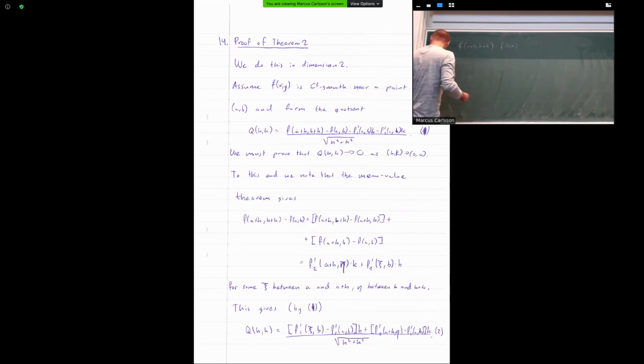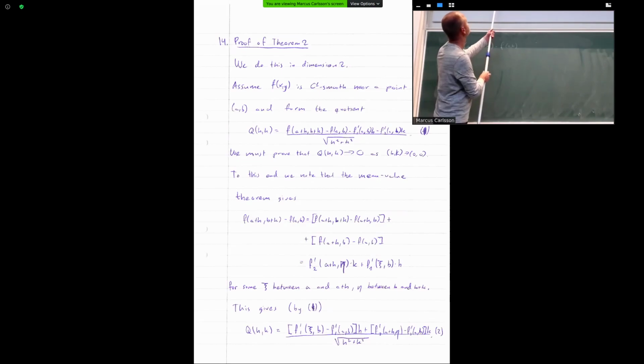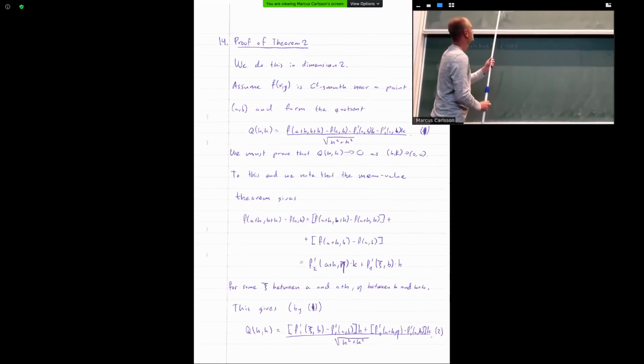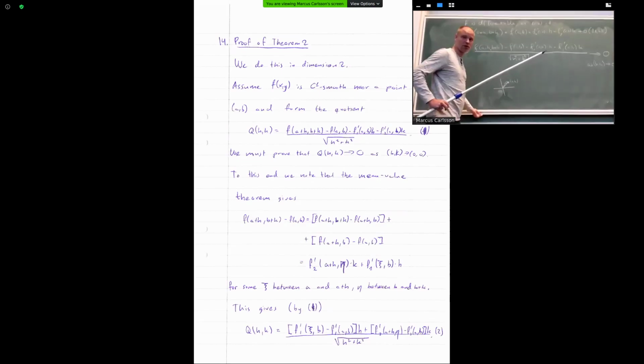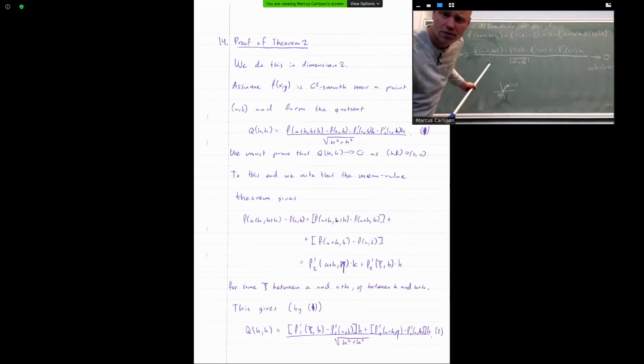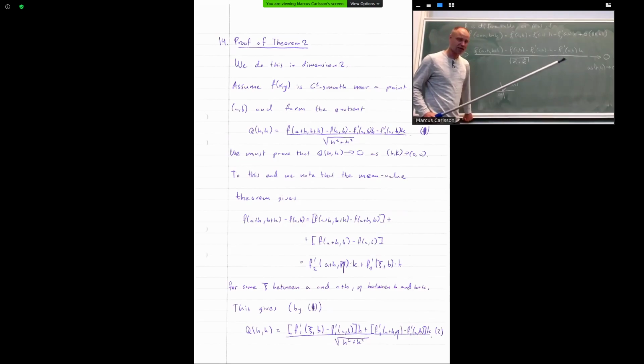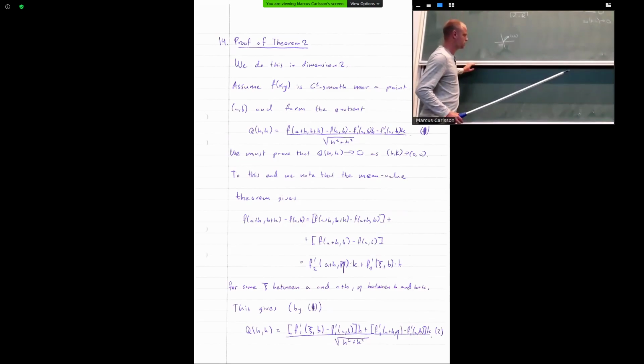If we can control these two, then we're in business, because at the end of the day, what we want is to deal with this long expression here. But these two are just the partial derivatives, and this is the linear terms, so they are easy. It starts out with this difference: f at the perturbed point minus f at the base point. So if we can control that, we're in good shape, right?